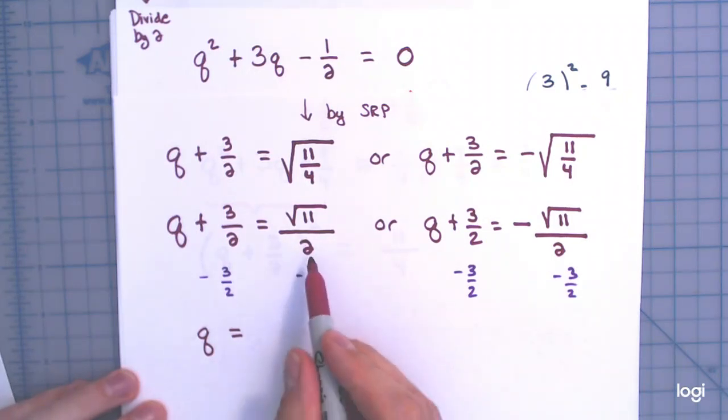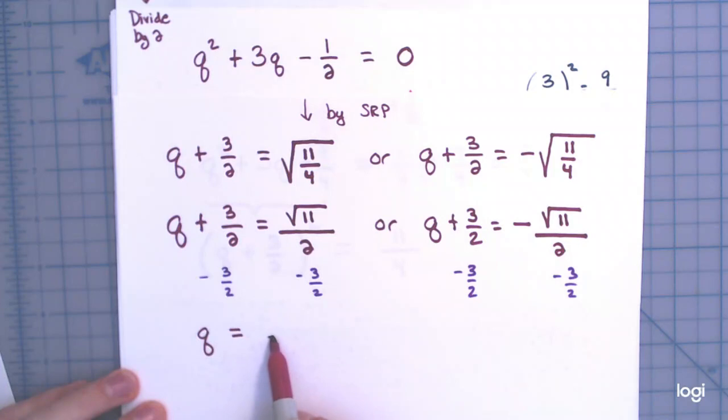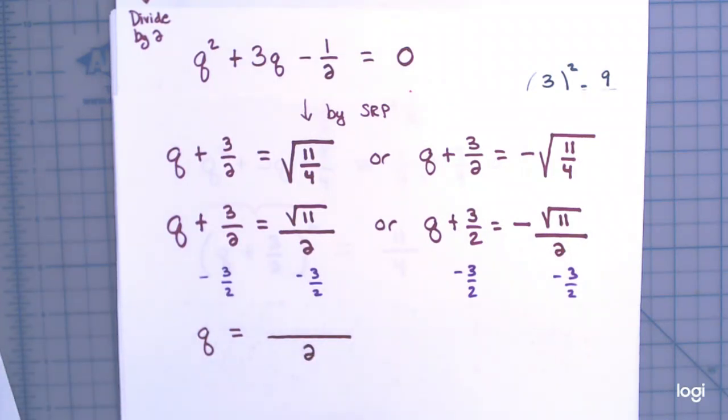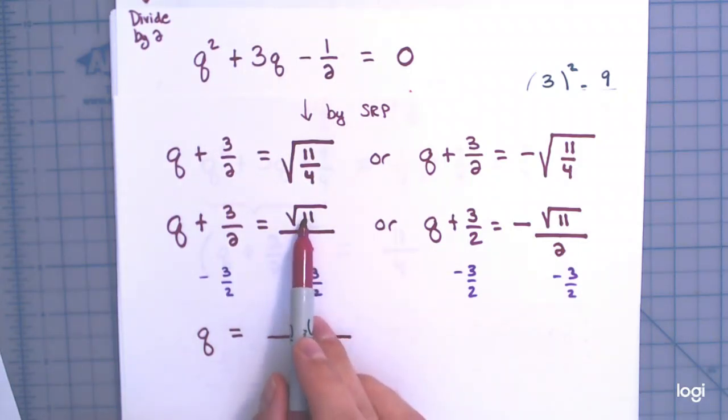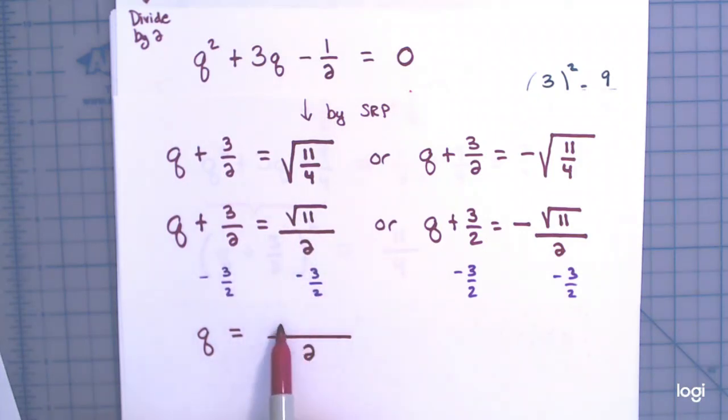They have the same denominator, right? They already have a denominator of 2, so that's going to stay the denominator. Like I mentioned earlier, the common denominator doesn't change. And I'm only combining the numerators. Now you can write the square root of 11, then minus 3, up in the numerator here.